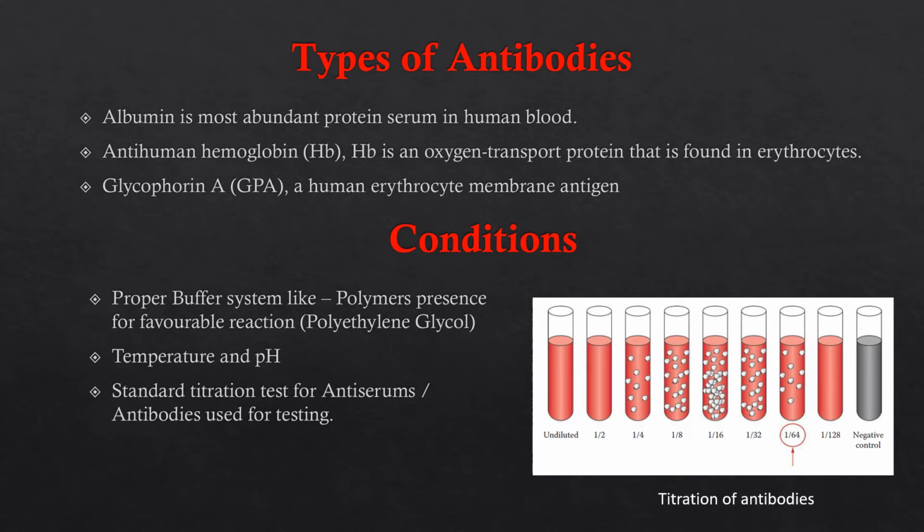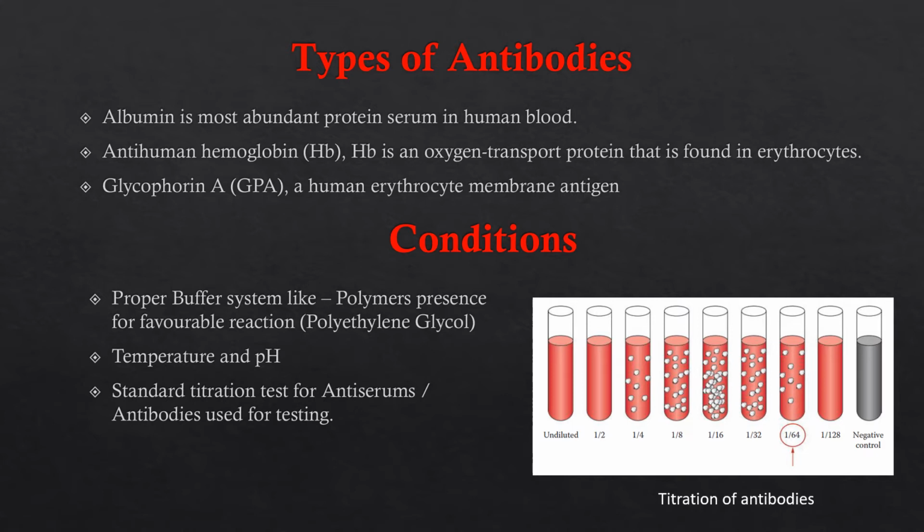You can refer to a simple image where we have taken antigens in all the test tubes at a constant level. All the test tubes have an equal amount of antigens, and we are going to add a certain amount of antibodies to them.